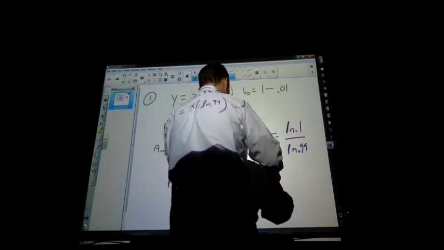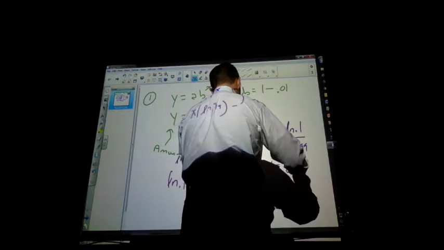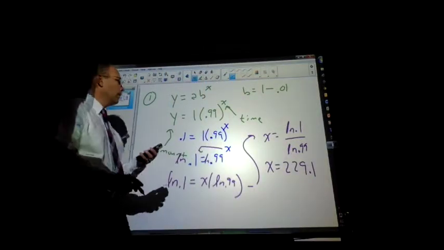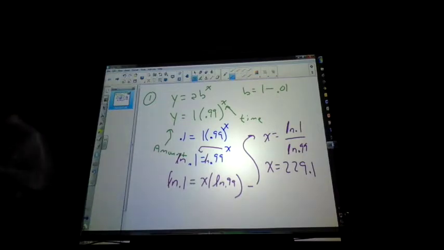That's going to give me, oops. So they wanted to know, our time is in hours. That's what they tell us. So it's going to take 229.1 hours for our 1 gram mixture to be at 10% of what it had been, or 0.1. Okay?